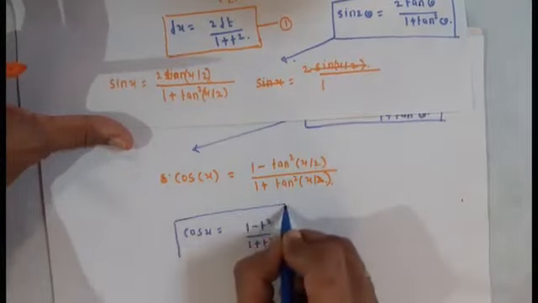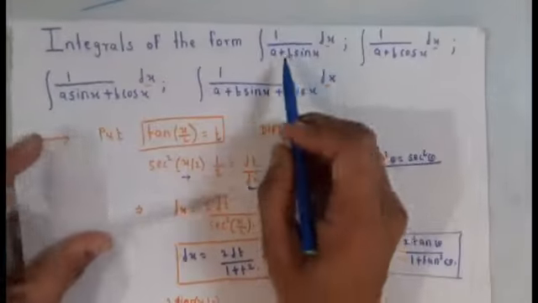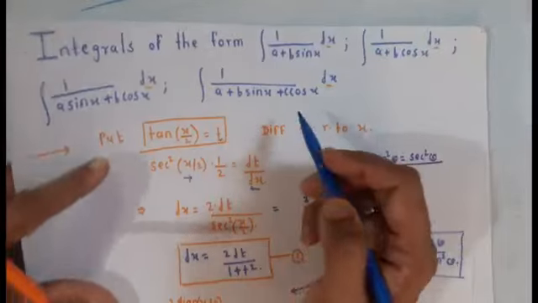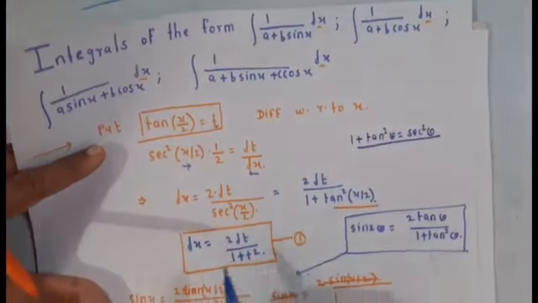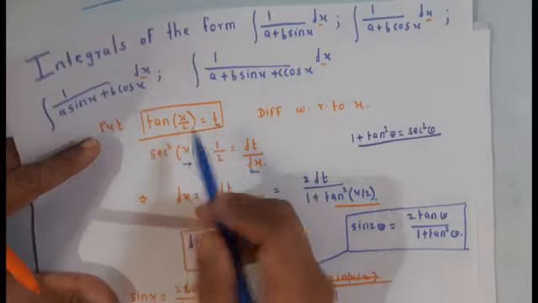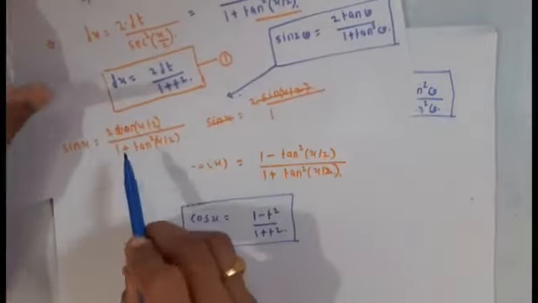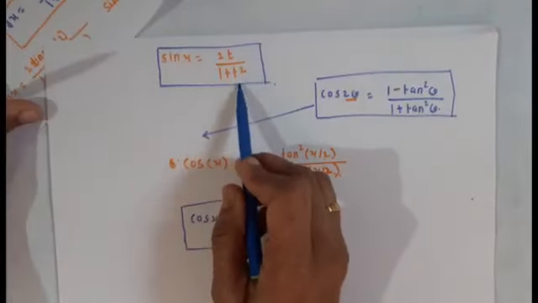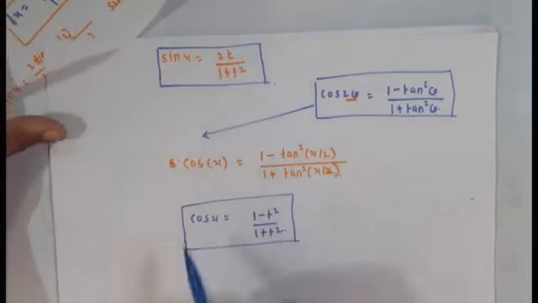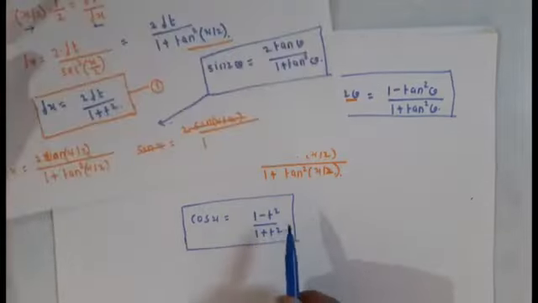While solving this type of problems, we have to put tan of x by 2 equal to t. By using this, the value of dx is 2 dt upon 1 plus t square, the value of sin x is 2t upon 1 plus t square, and the value of cos x is 1 minus t square upon 1 plus t square.